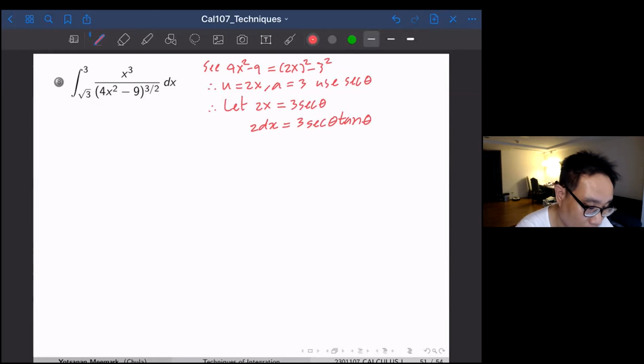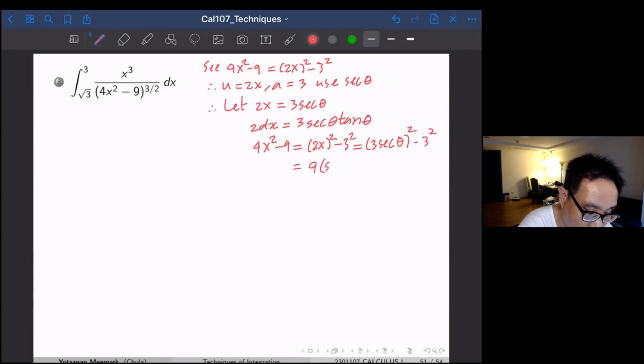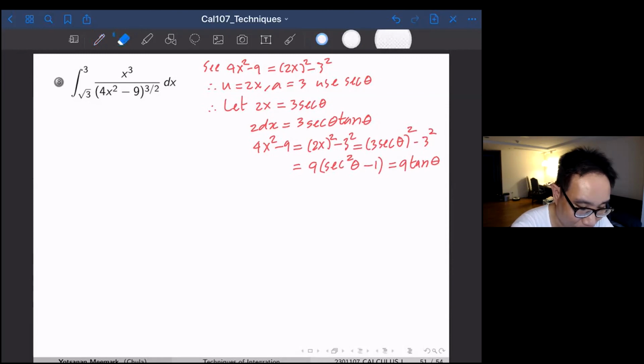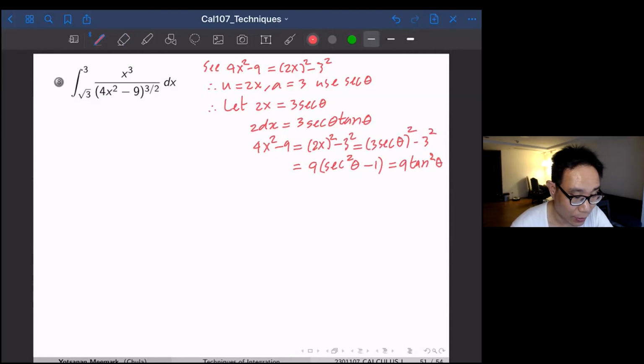And you're going to have to evaluate 4x squared minus 9, so it's going to be 2x squared minus 3 squared, so 3 sec theta squared minus 3 squared, and this becomes 9 times sec squared theta minus 1, so it's going to be 9 tan squared theta.